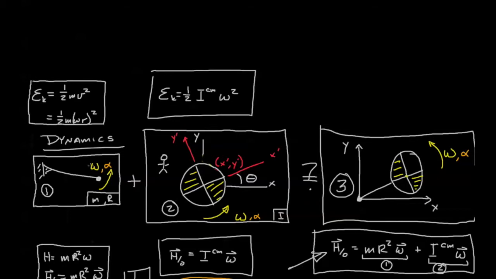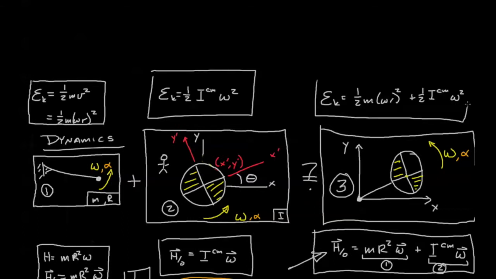Because we have both these types of motions, we'll have energy contributions due to both of them in scenario 3. So our scenario 3 kinetic energy is going to be 1/2 m omega r squared plus 1/2 I omega squared, the energy due to purely rotational motion.